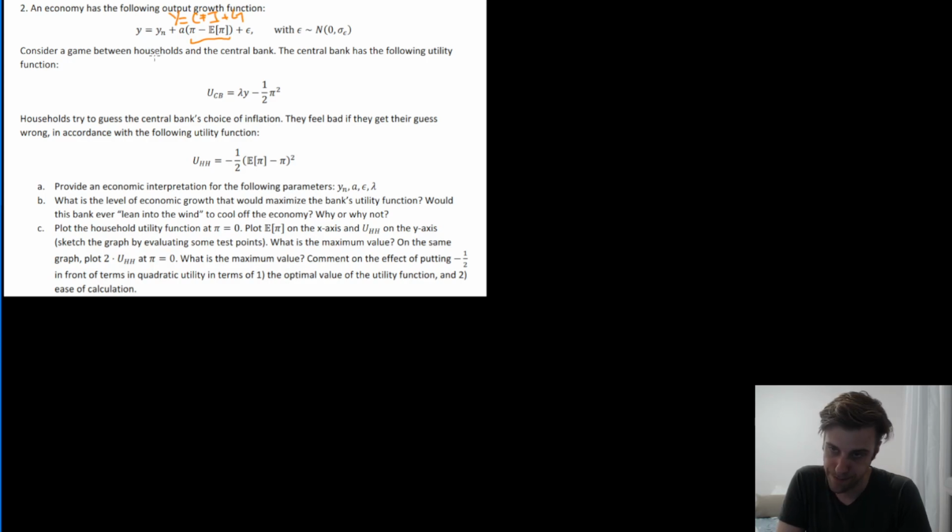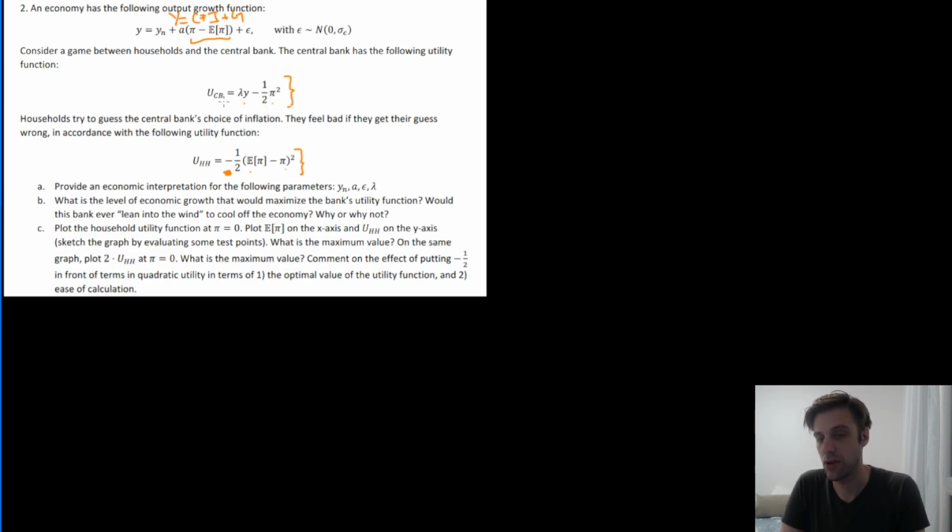And that's all. Then we're going to have two actors. They're going to play a game. The central bank will follow a Taylor rule to help them choose targets for y and pi. And then the household will also have a utility function where they will feel bad, so there's a minus sign here, if they guess wrong about what the central bank's inflation policy will be.